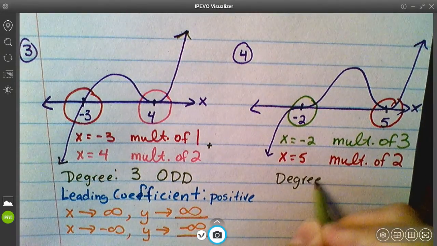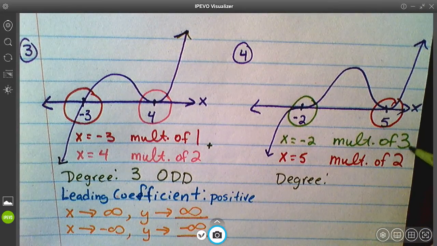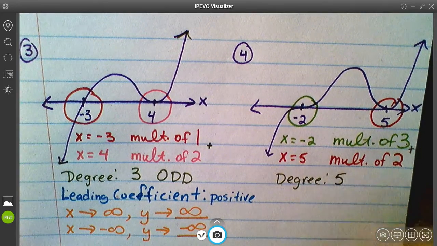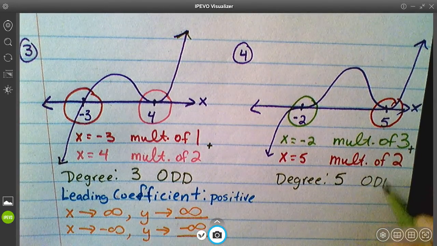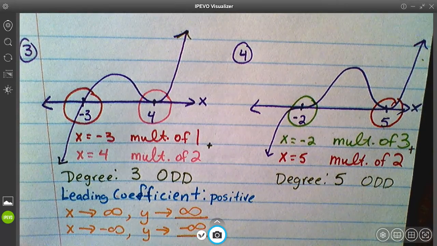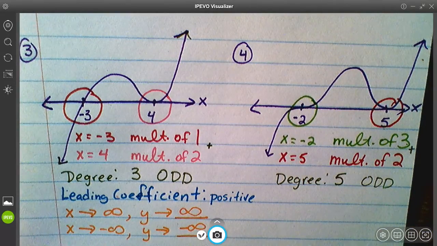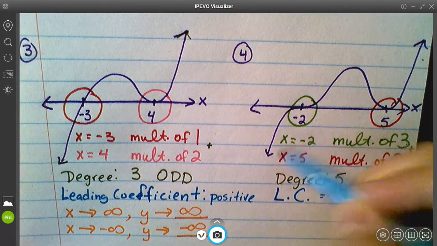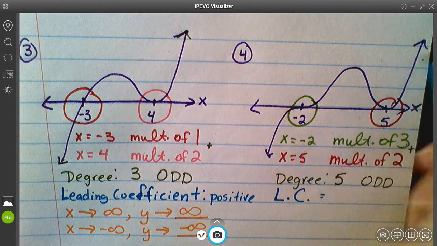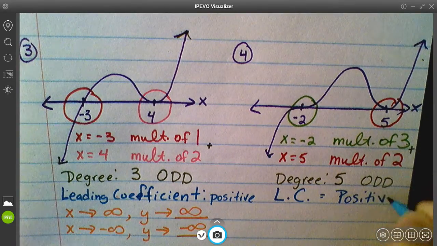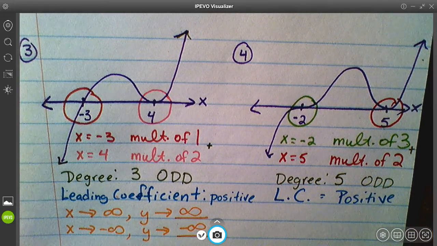So looking at my degree, I have 3 and 2 multiplicities, which gives me a multiplicity of 5. Again, that's odd, and my graph supports that because my ends are going in the opposite direction. My leading coefficient, again, it starts down low and it ends up high, so that's a positive leading coefficient.